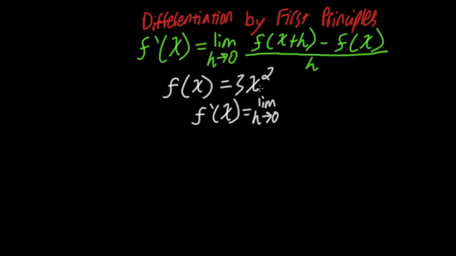Next, we're going to put this into our definition up here. So we're going to put our 3x squared into our f of x plus h and our f of x. So if we do f of x plus h first, our x is going into all of x plus h. So our x becomes our x plus h. That means that we get 3, so the 3 stays out the front here.